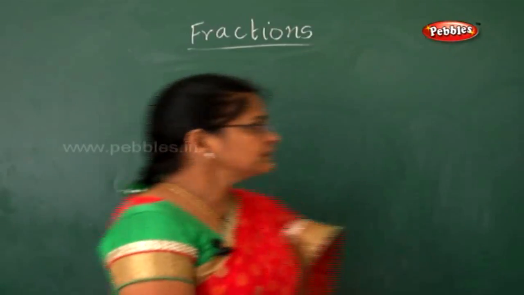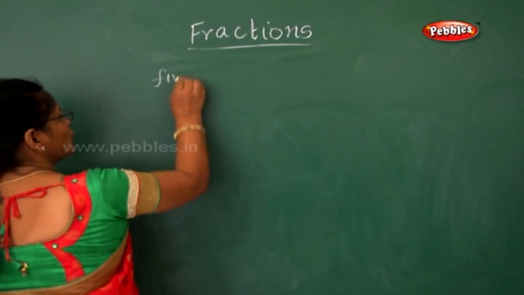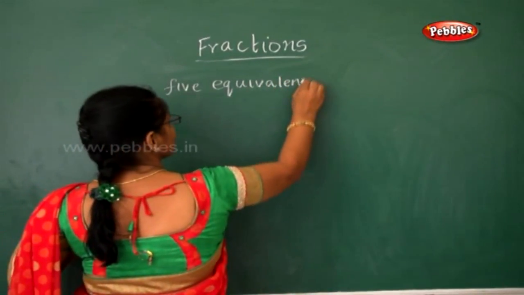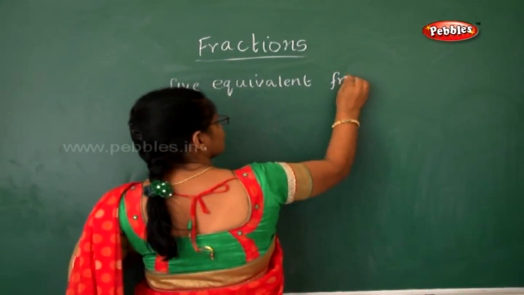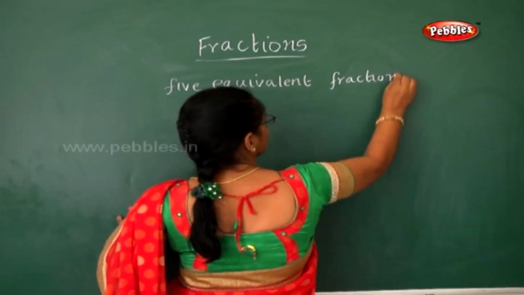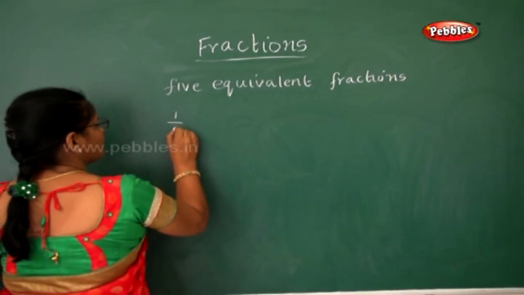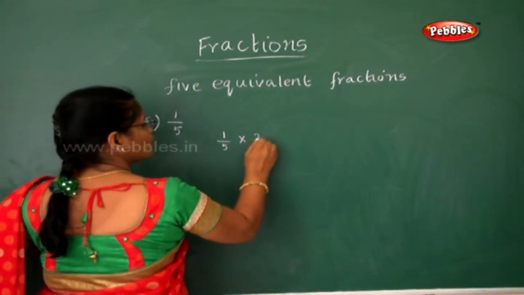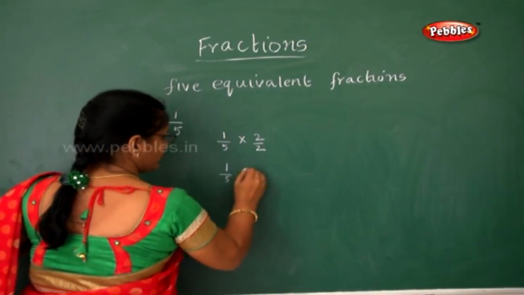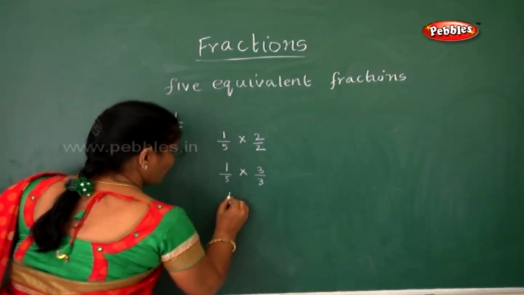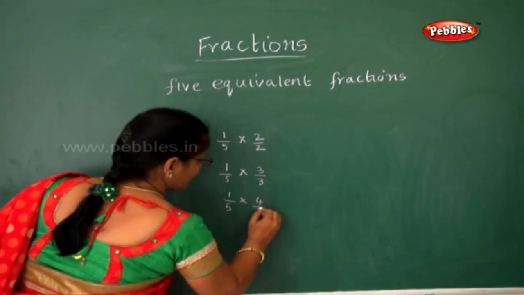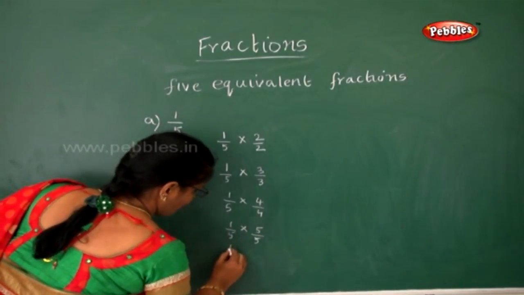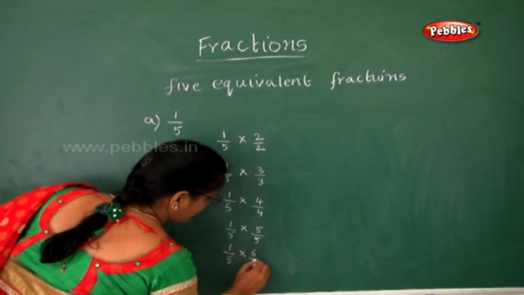The next sum is: find 5 equivalent fractions for 1 by 5. Now how will you do this? 1 by 5 into 2 by 2, 1 by 5 into 3 by 3, 1 by 5 into 4 by 4, 1 by 5 into 5 by 5, 1 by 5 into 6 by 6.